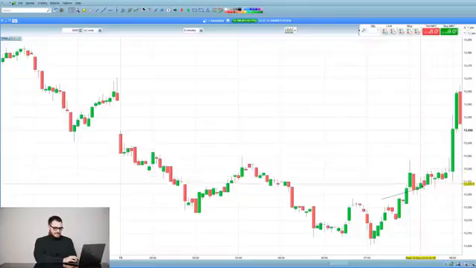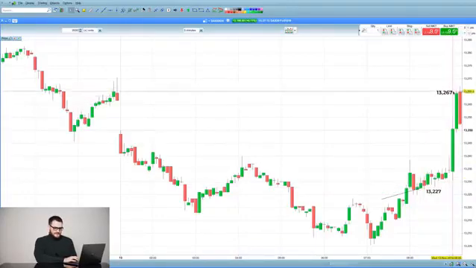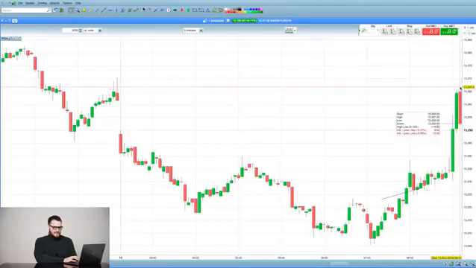So, let's say we were to enter at the beginning of this candle, our entry would be around 13,227 points. Now the market goes up to, let's say, 267, so that it's easier to calculate. So from 227 to 267, right here, that is 40 points.